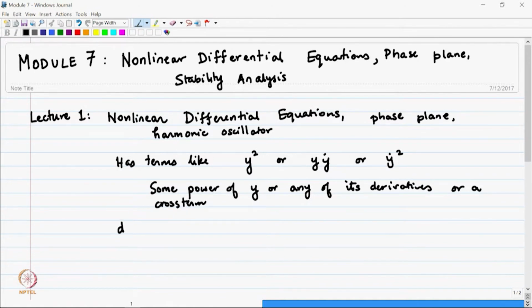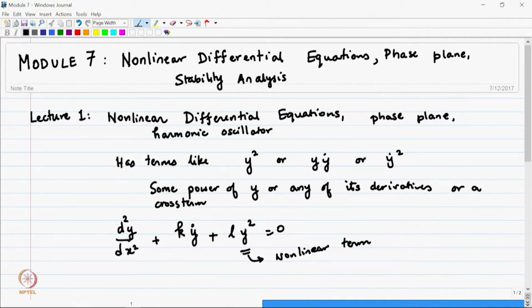So, for example, if you have d square y by dx square plus k y dot plus L y square equal to 0, this is a nonlinear term. You need not have y square, you can have y cube, you can have y dot, you can have y dot square, you can have all kinds of things. But anything that is not linear, so it has a term that is not linear.